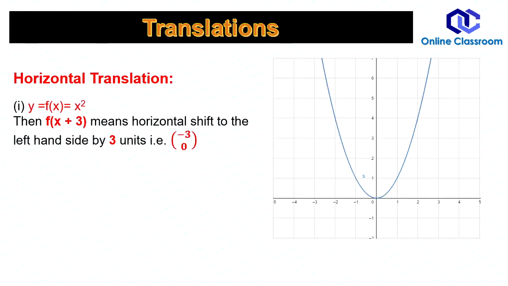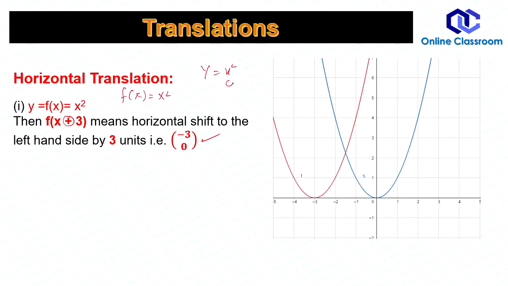Now, I've changed the function to quadratic x square. If I want x square plus 3, it means this will move towards left. You see the vector here, (minus 3, 0). And you can check this concept. In the original function, f(x) is equal to x square, means y is equal to x square. If x is 0, y is 0, see here.